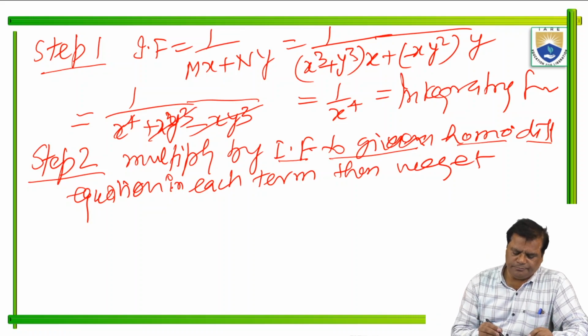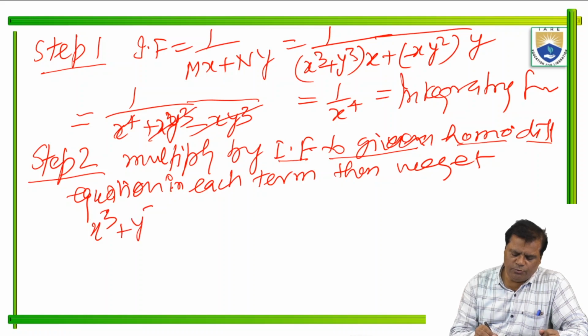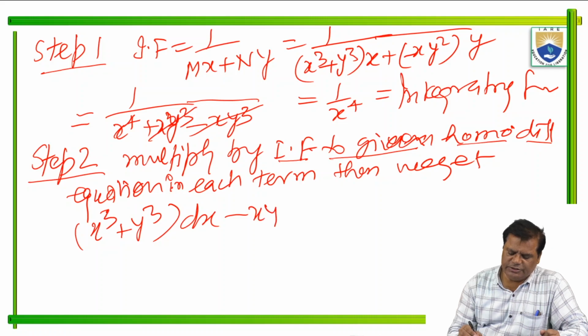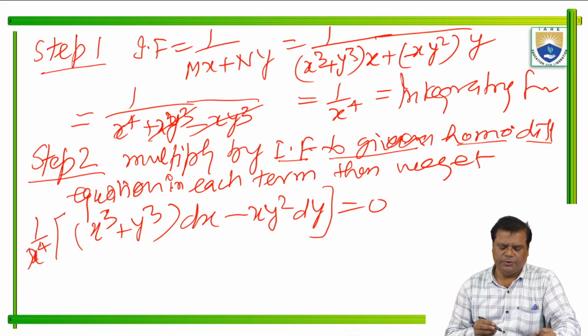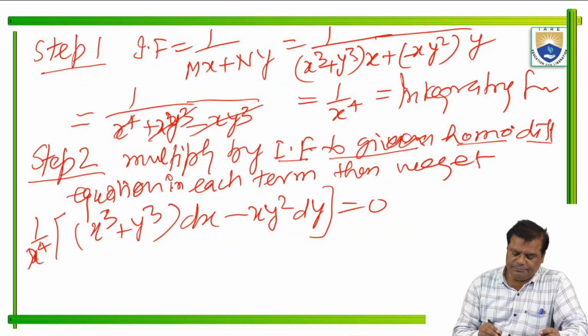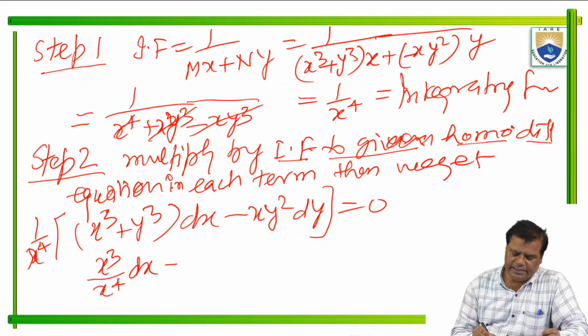So now here (x cube plus y cube) dx and minus xy square dy equals 0. So multiply 1 upon x to the power 4 here in each term. So we write separately x cube upon x to the power 4 into dx and plus y cube upon x to the power 4 dx. Okay.